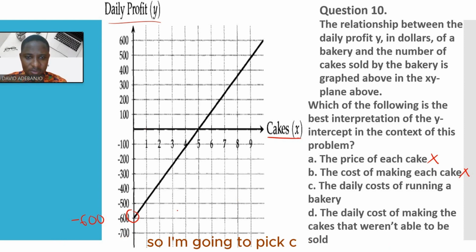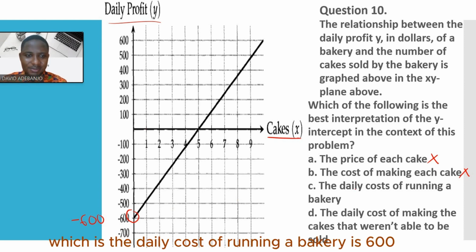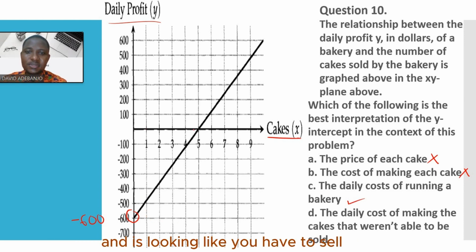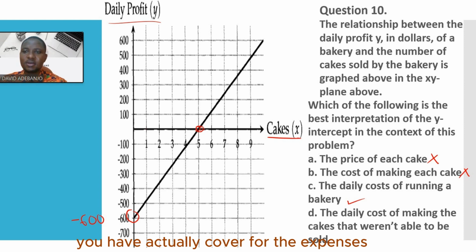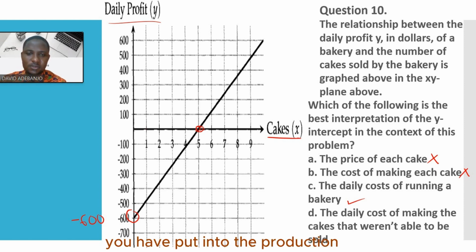So I'm going to pick C, which is the daily cost of running a bakery is 600. It's looking like you have to sell almost 5 to recover that. After selling 5, that's when you know you have actually covered the expenses you have put into production.